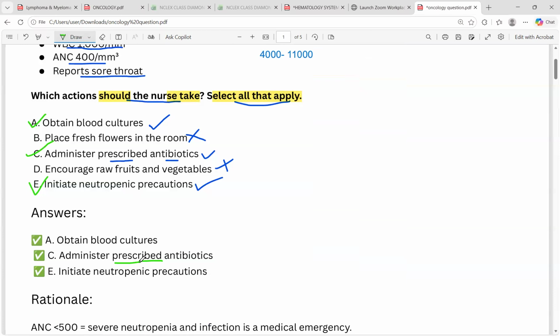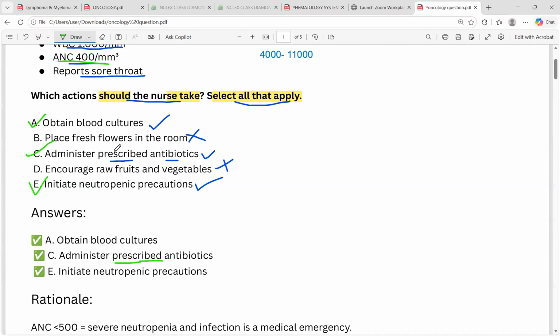What are the neutropenic precautions? The ANC is only 400, which means it is low. The client is already neutropenic, so the client needs to be put on neutropenic precautions. That means we should avoid fresh flowers and avoid raw fruits and vegetables.